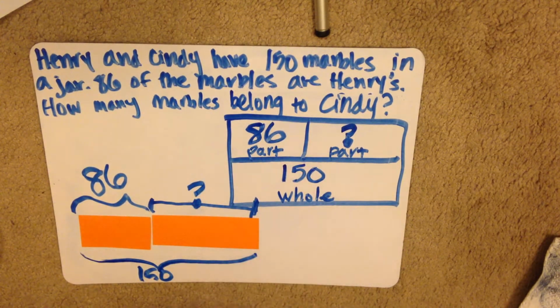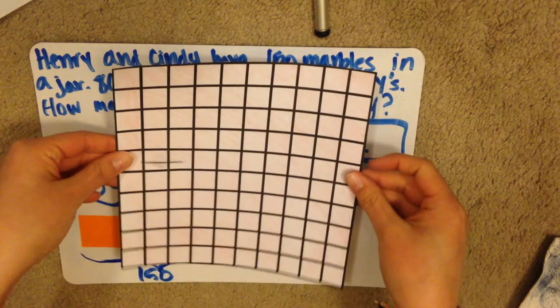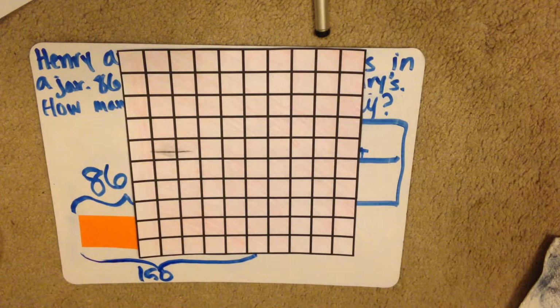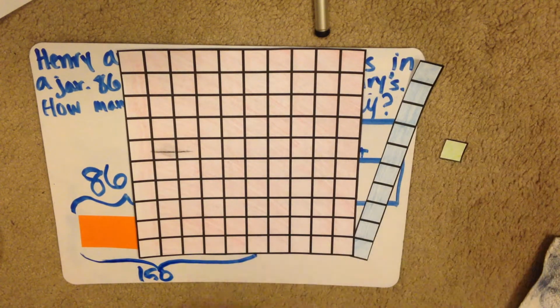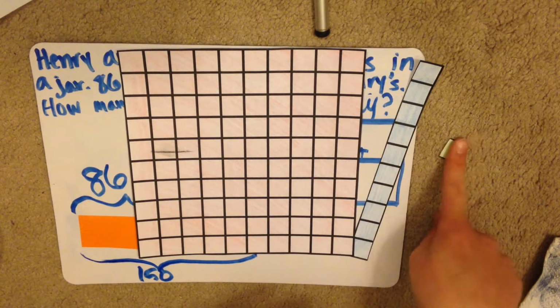So let's go ahead and wrap this back to what we know. We have learned our base 10 blocks. So I'm going to go ahead and remind us. We have a flat, a long, and a unit. Our flat's made of 100, our long is made of 10, and our unit is made of 1.